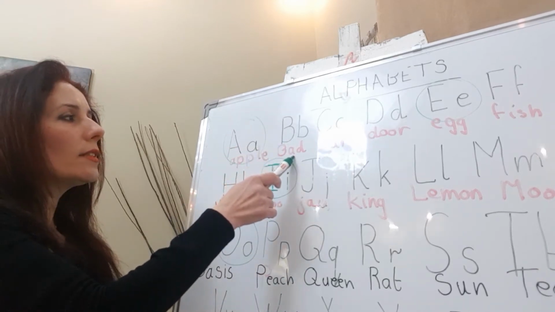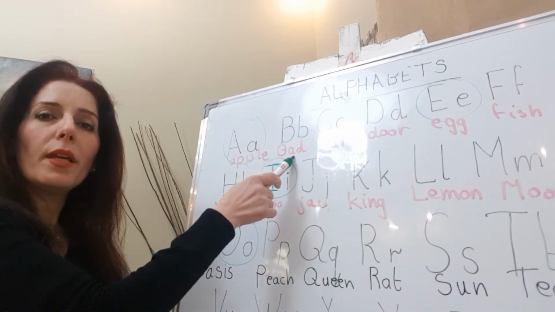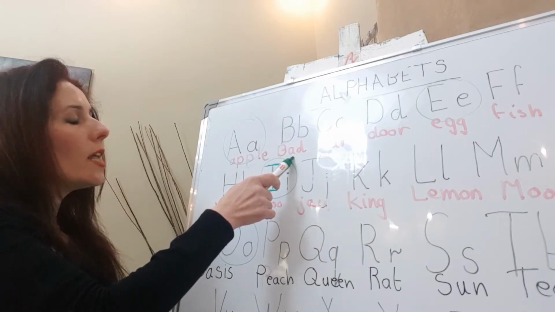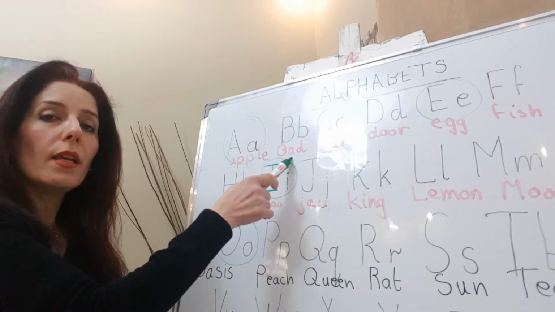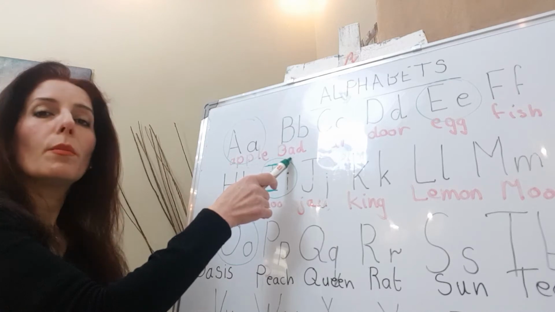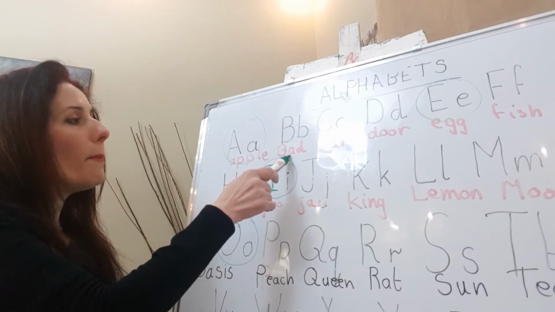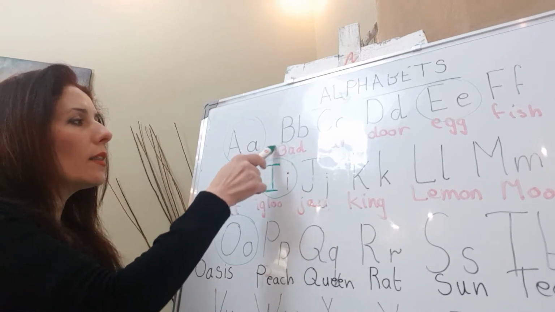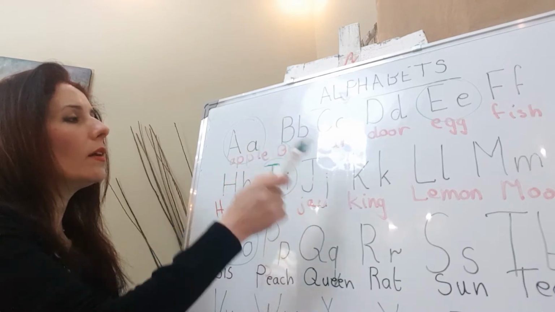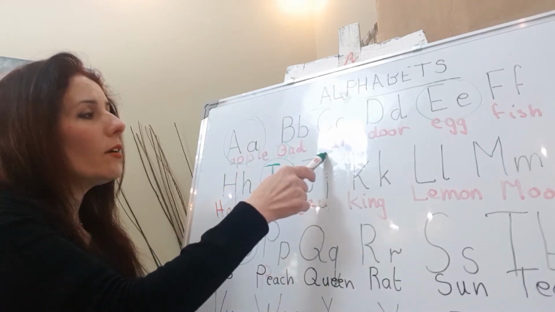And here it is B. The name of it is B, and we can pronounce it B, like bad.